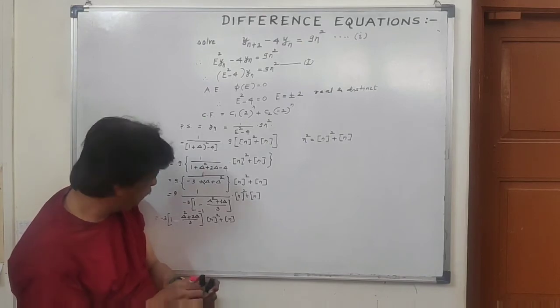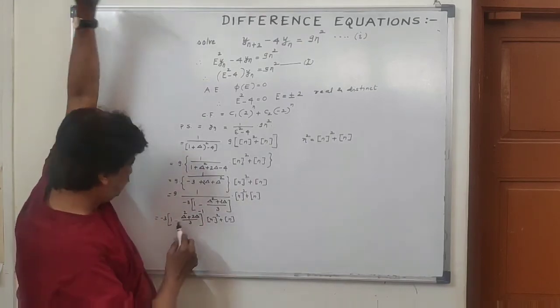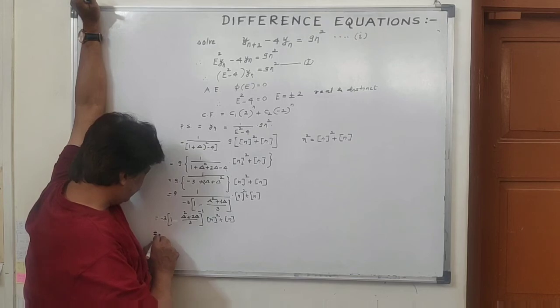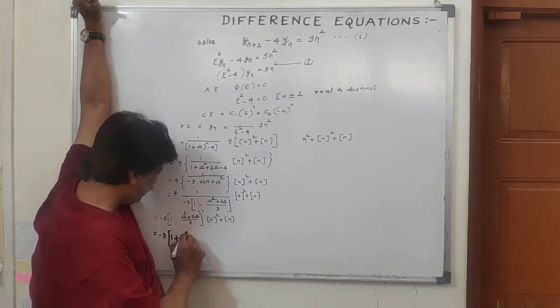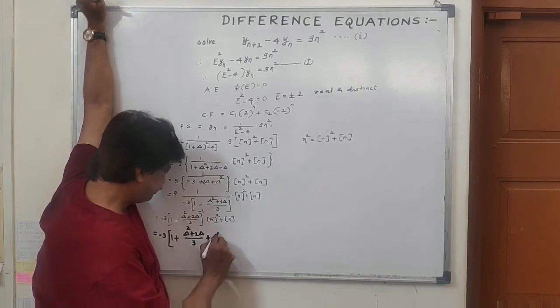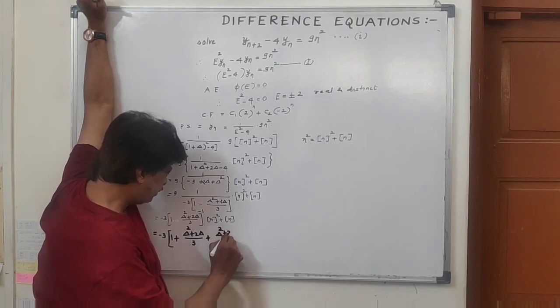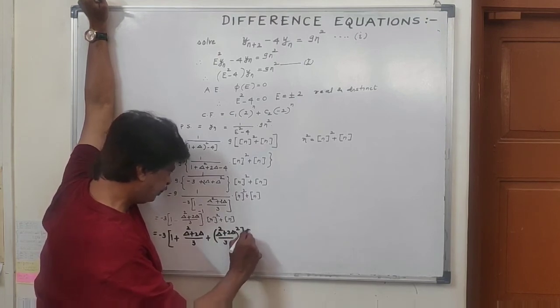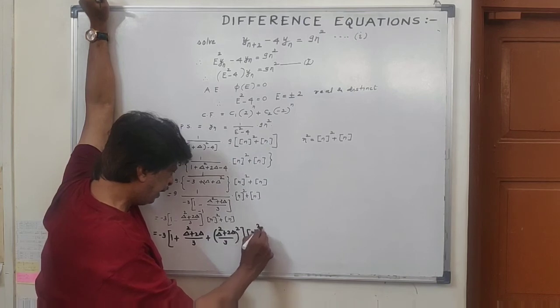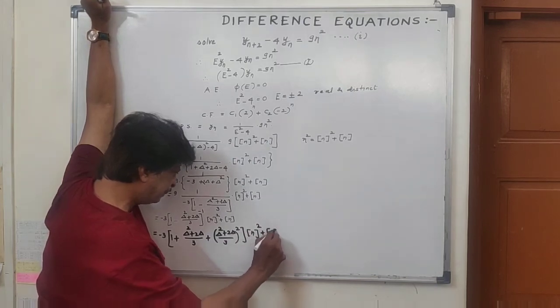See, this step is important. 1 minus this is equal to minus 3 times 1 plus this delta square plus 2 delta upon 3 plus delta square plus 2 delta upon 3 whole square into factorial n square plus factorial n.